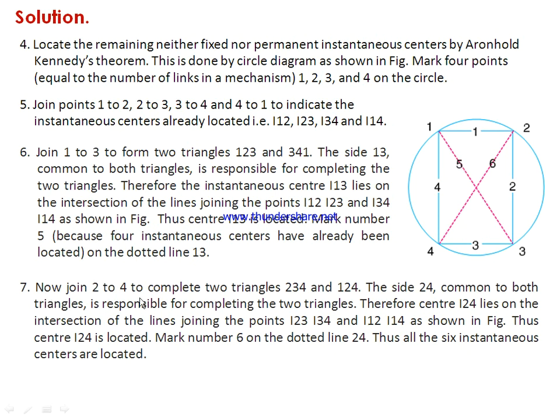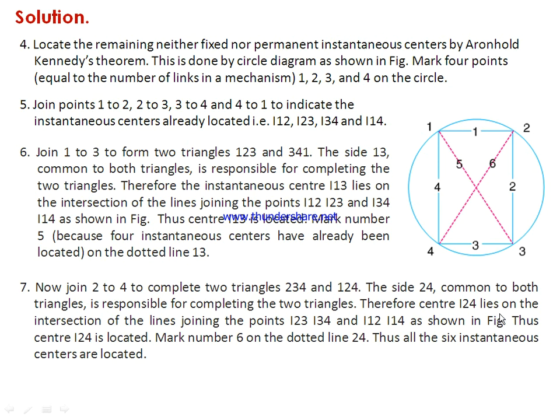Now join link 2 and link 4 to complete two triangles, 2, 3, 4 and 1, 2, 4. The side 2, 4 is common to both triangles and is responsible for completing the two triangles.